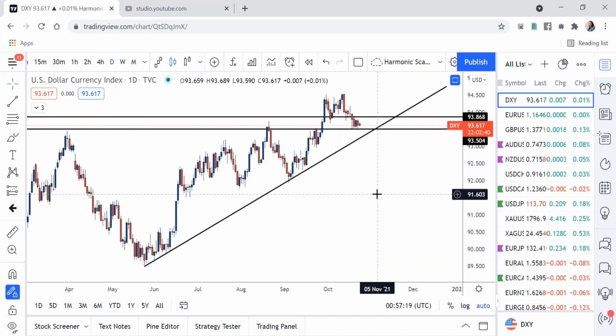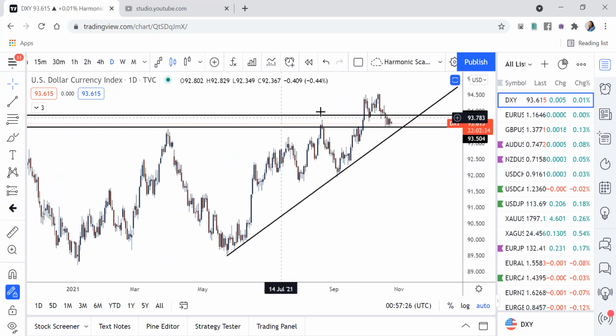So what we're gonna do is put some facts together, right? Now, we already know, okay, we're approaching the trend line, one. So we are approaching this daily trend line here, right? So obviously there is a possibility that the DXY comes down, touches here, and continues to go up as a retest.